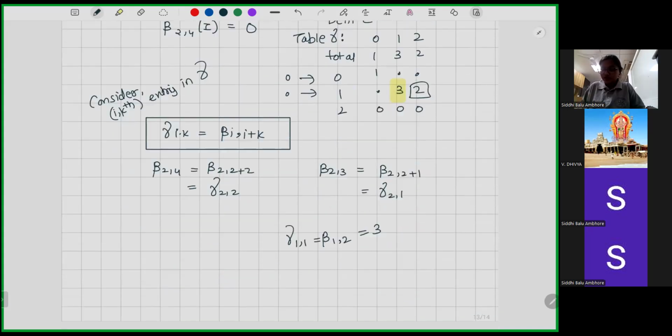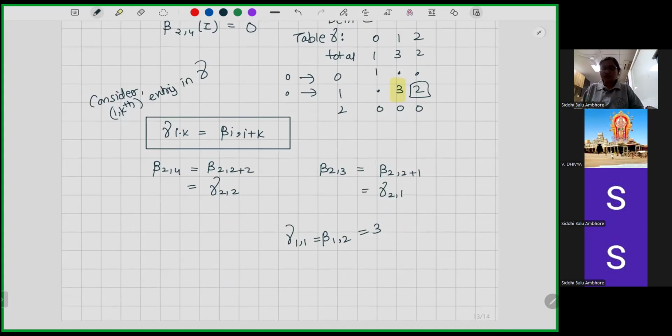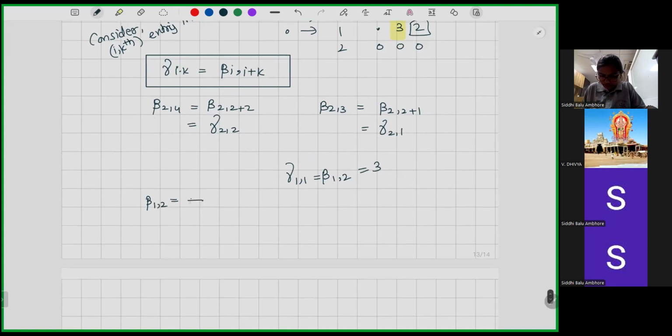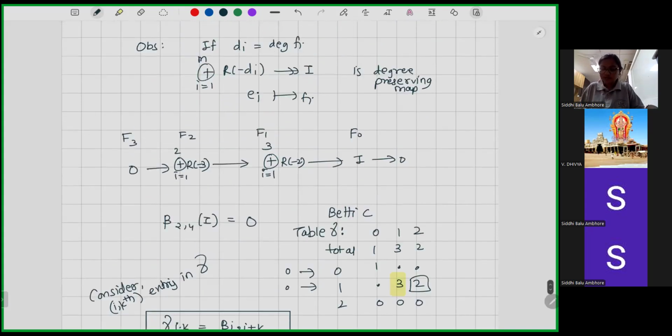Gamma of 1, 1, which is beta 1 comma 2, which is 3. That is, beta 1 comma 2 is the number of copies of R minus 2 in F1, which is 3, right? That's what we have here. That's what this gamma does.